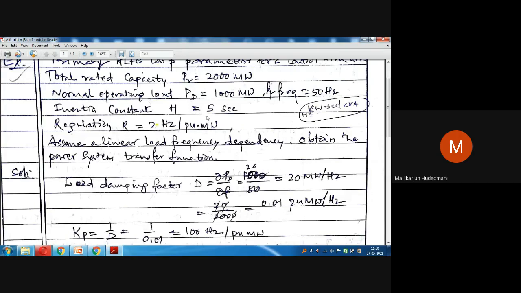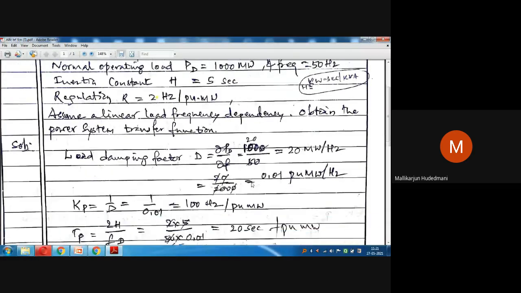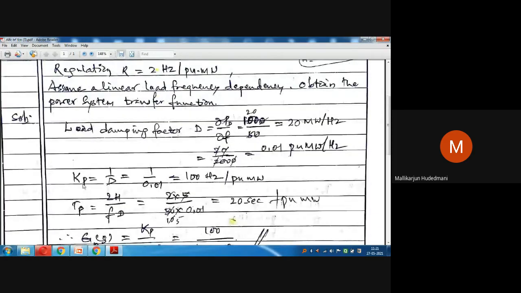D is the relationship between change in demand for a change in frequency, dou PD by dou F, in megawatt per hertz. Convert that into PU because your calculation is in PU. Once you do it, see what Kp is. Kp is 1 by D, 1 by 0.01, which is 100 hertz per PU megawatt. This is the gain of that system.